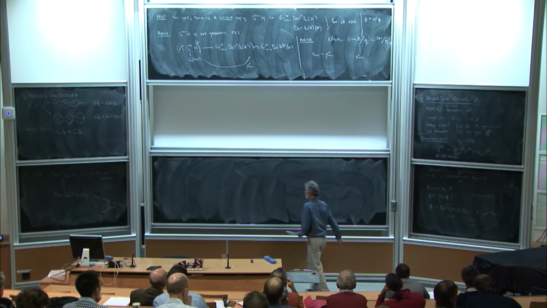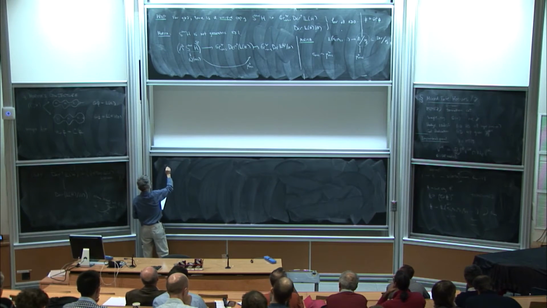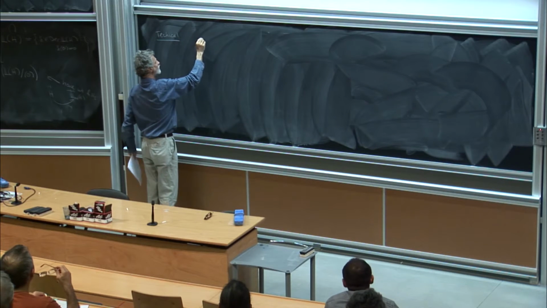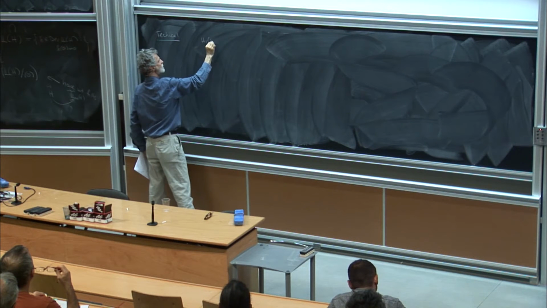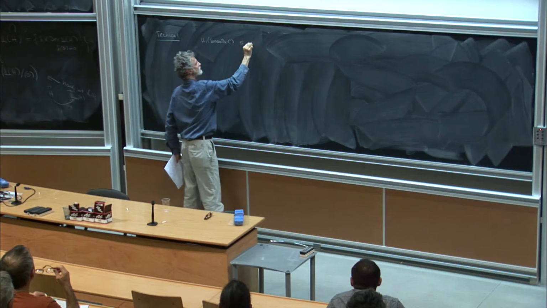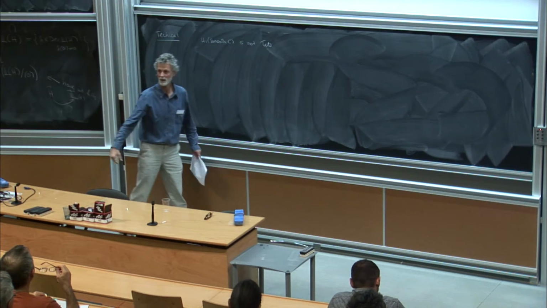So let me race a little bit here. There's a technical issue: H1 of a smooth curve is not Tate, not mixed Tate. It's not of type (p,p).